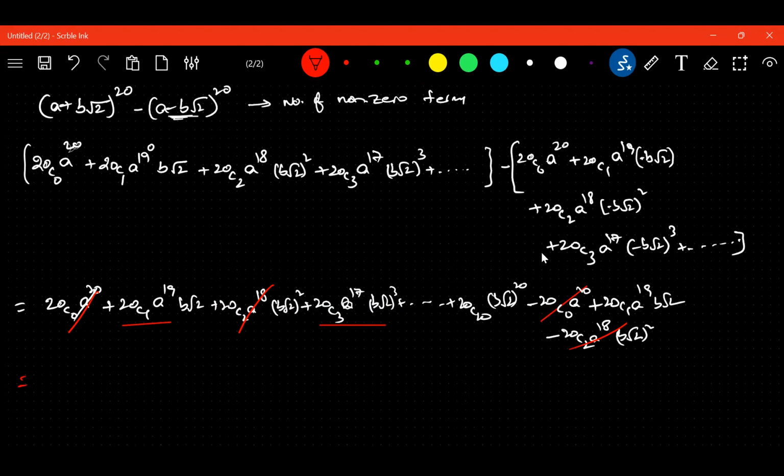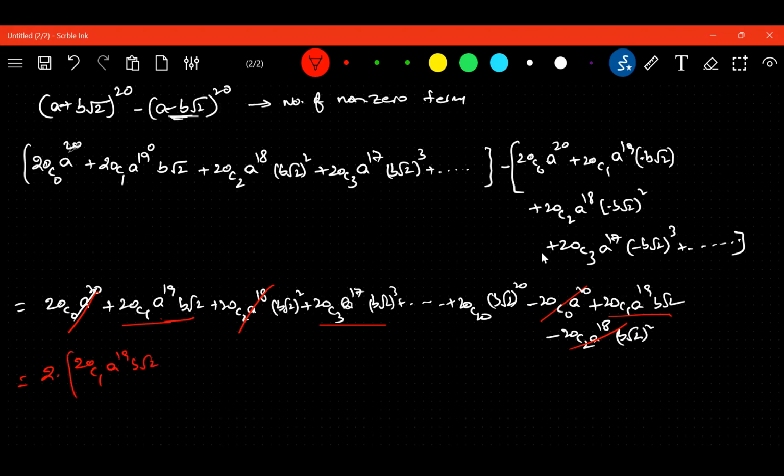Now let us think. See, 20C1 a to the power 19 b root 2, and here also you have 20C1 a to the power 19 b root 2. That means we can write 2 into 20C1 a to the power 19 b root 2.